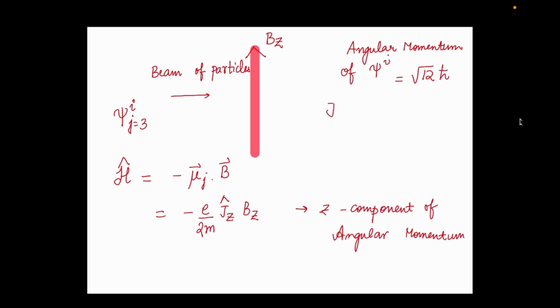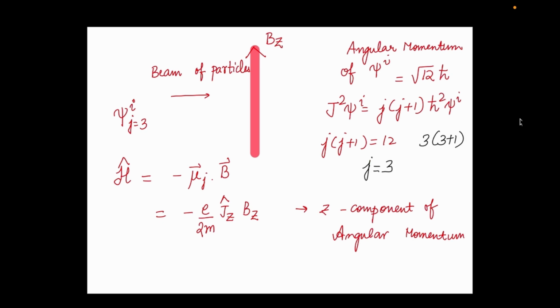Now if psi i is an eigenstate of the j square operator, then j square psi i has to be j into j plus 1 h bar square psi i. So if you compare, j into j plus 1 equal to 12, that corresponds to j equal to 3, so 3 into 3 plus 1.